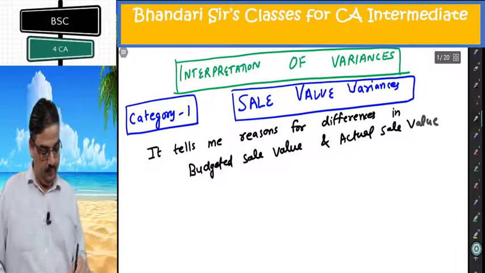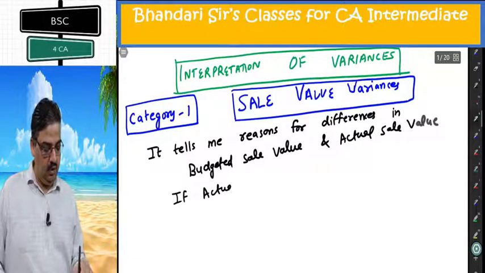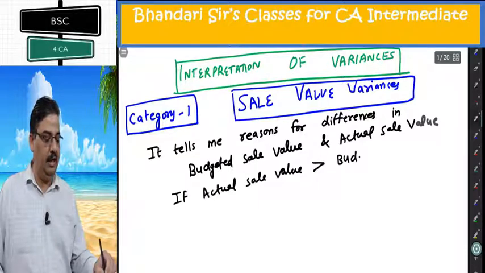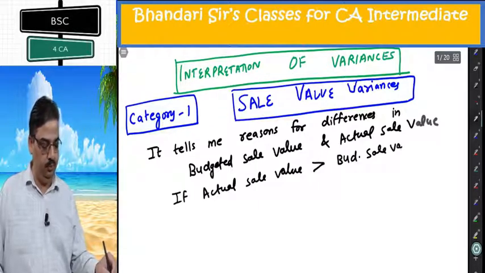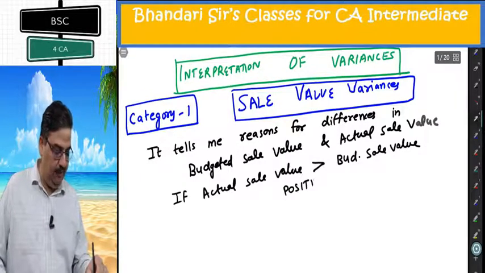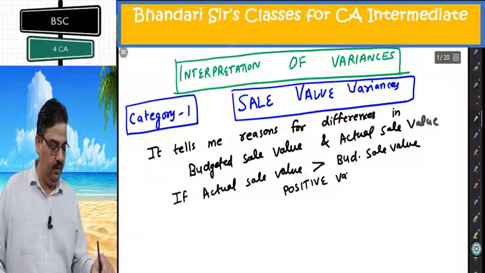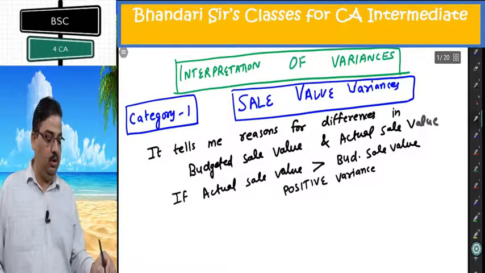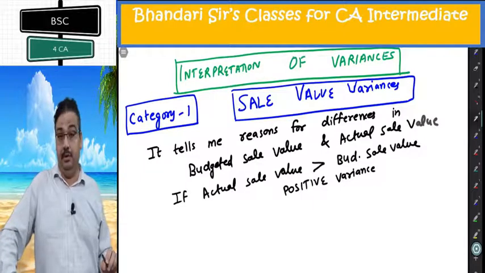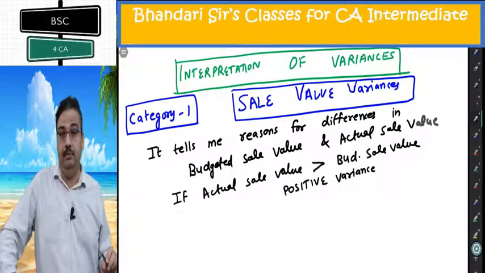Hence, if actual sale value is greater than budgeted sale value, positive variance. We are getting actual sale 1 lakh as compared to the target of 90,000, it will be good. You are doing good for the company.